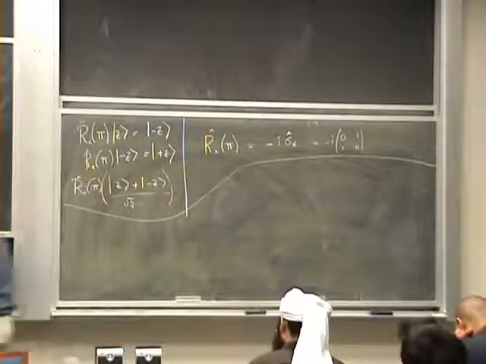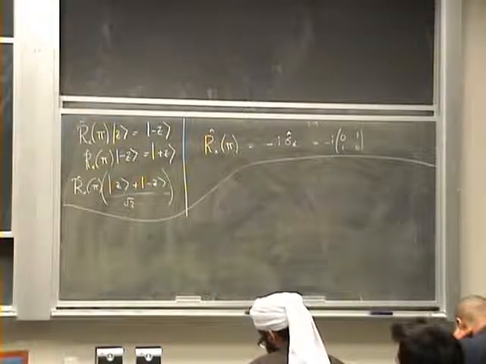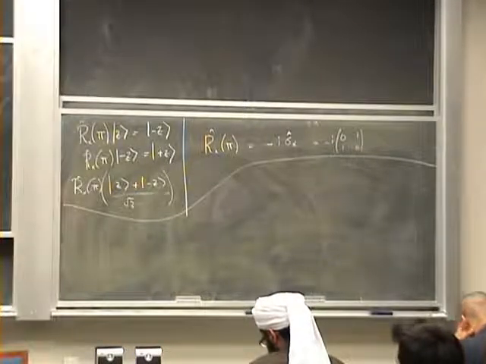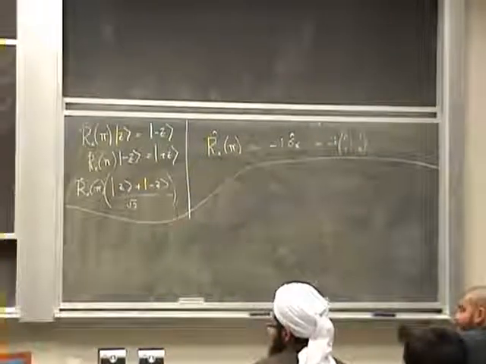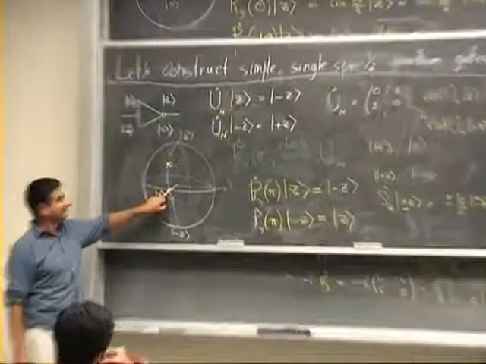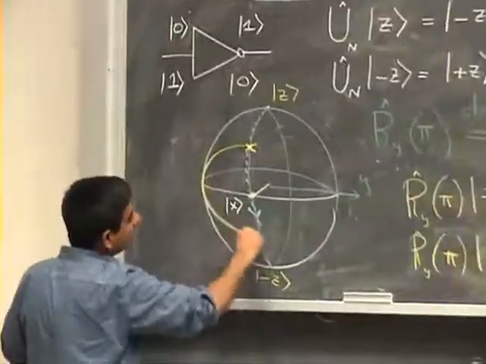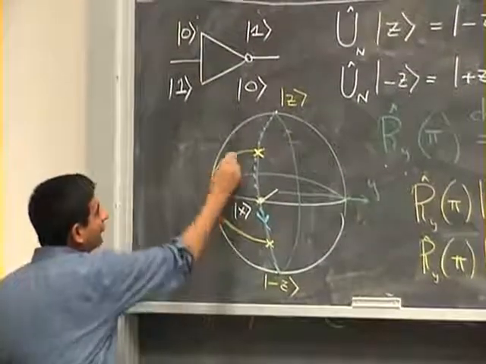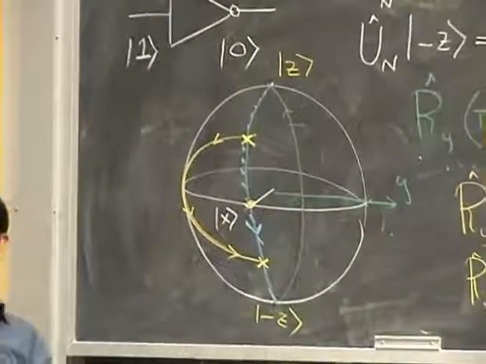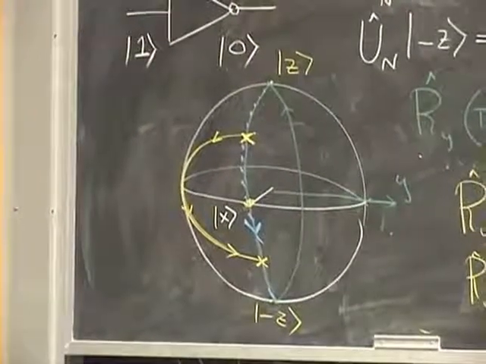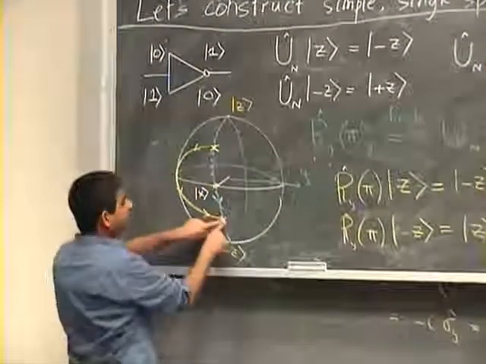So suppose you're here. This is a certain point, and you do a 180-degree rotation about the x-axis. Okay, so you will end up here. Because this is your axis of rotation, you rotate through 180 degrees and you will end up here.